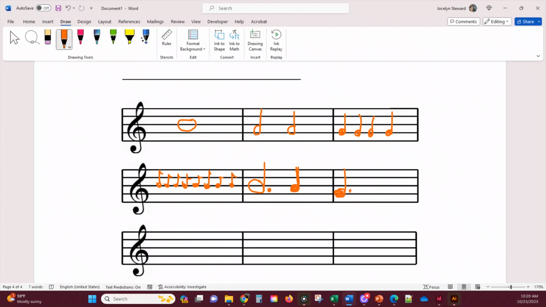Now this is 1.5. What would be the easiest thing to do here? Add another 1.5. 1.5 plus 1.5 is what? 3. So I just need 1 more. Let me add in 1 more note. So that's 1 and 2 and 3, 4. Can't do my math. Let me erase it.